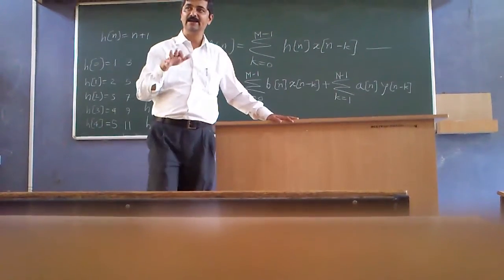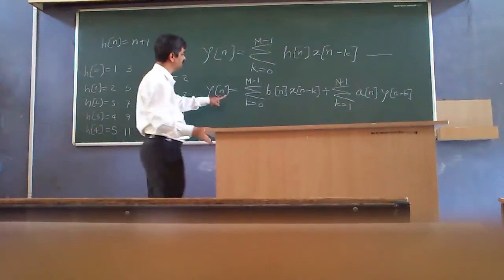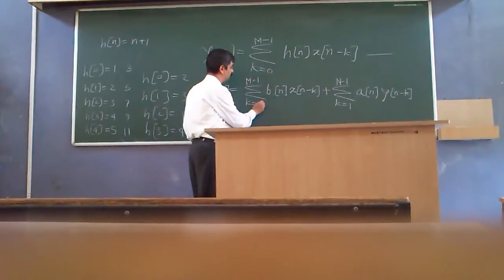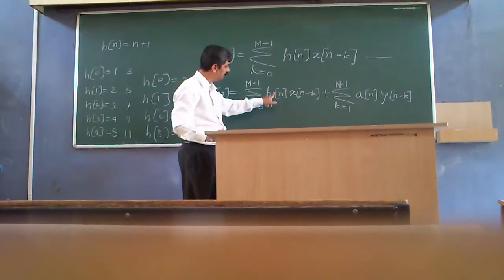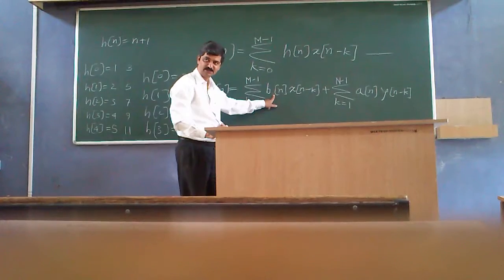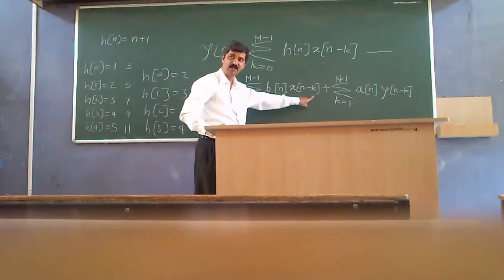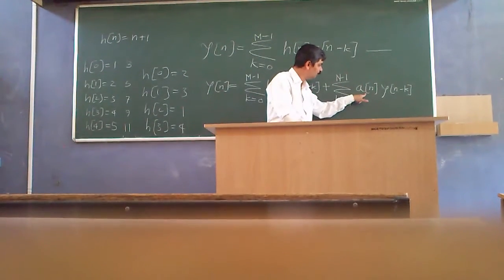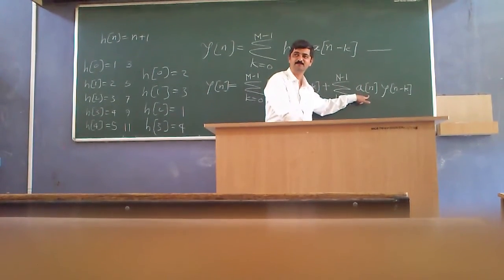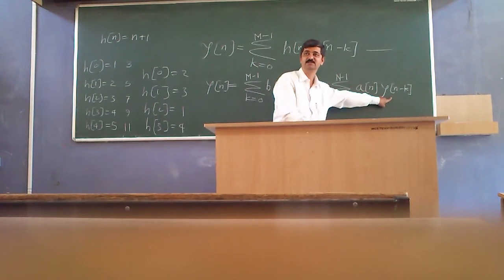If I am able to express my y_n as summation of b_n, some coefficient, into previous inputs, current and previous inputs, and at least one a_n must be non-zero into some previous outputs.